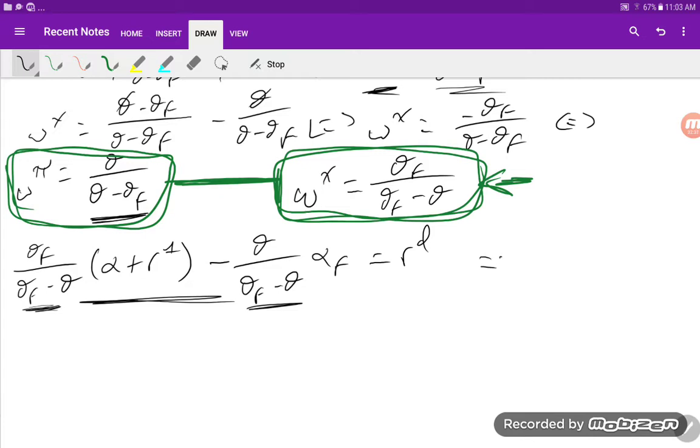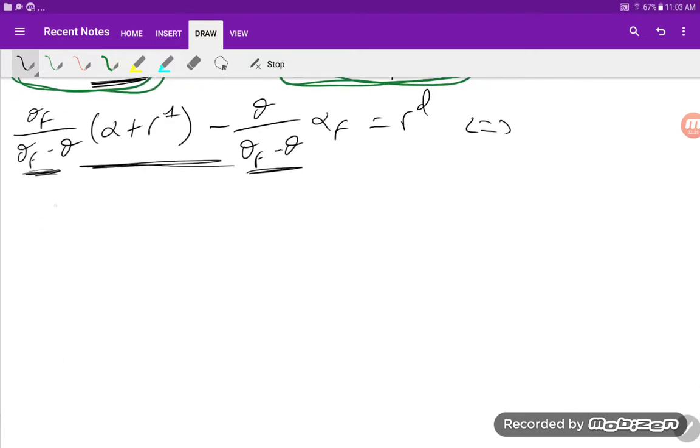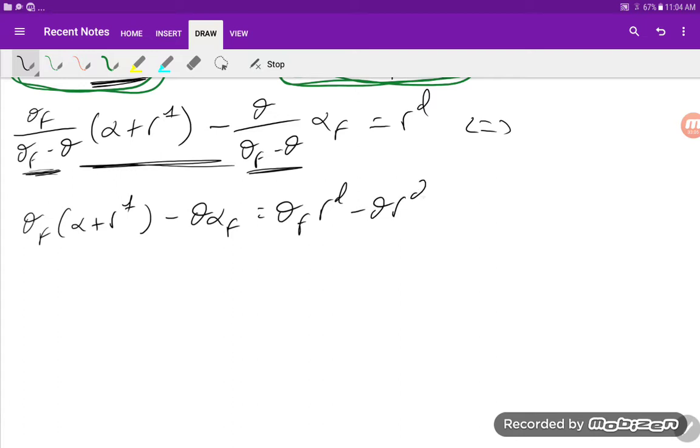Which allows us to quickly move to sigma subscript f times alpha plus rf minus sigma alpha subscript f is equal to sigma subscript f rd minus sigma rd. So I multiplied through by these denominators and also expanded.